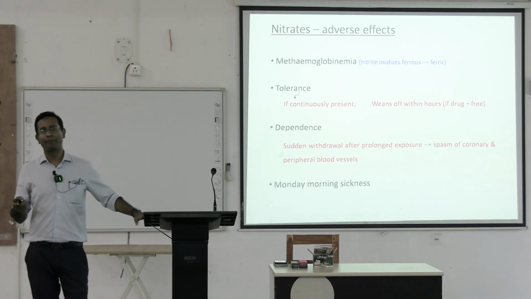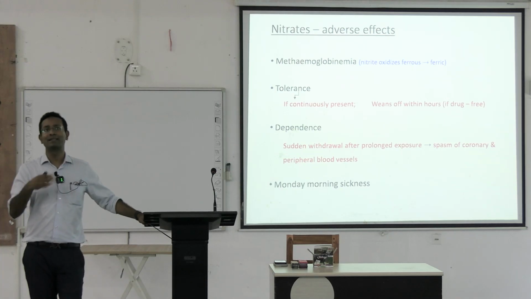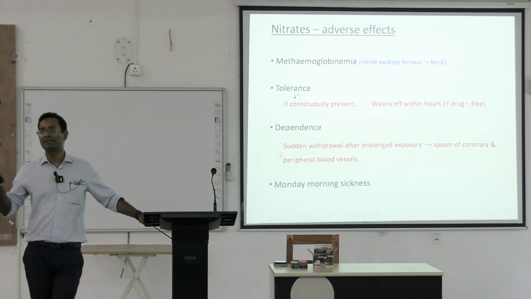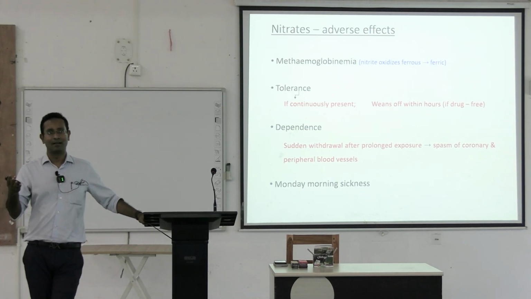Why did this happen? During the week, when the worker in that factory is getting exposed to nitrates, maybe by Tuesday, Wednesday, the worker develops tolerance. So, there are no effects of the nitrates on the worker till Friday when he is getting exposed.